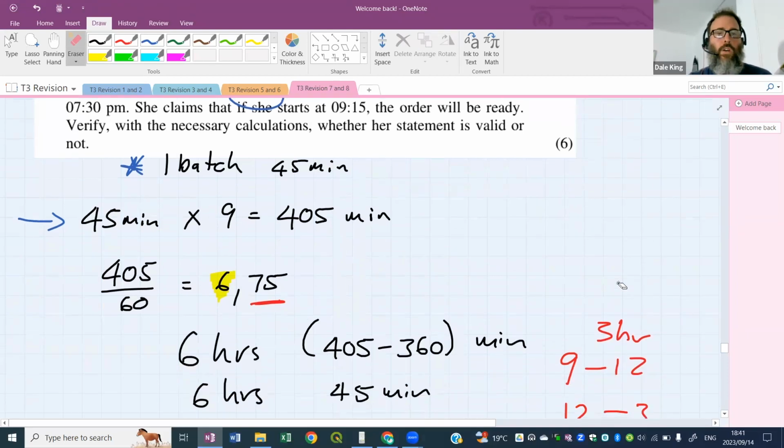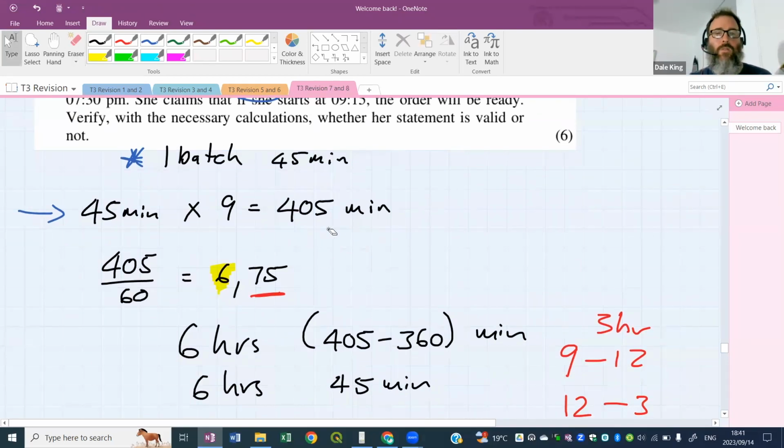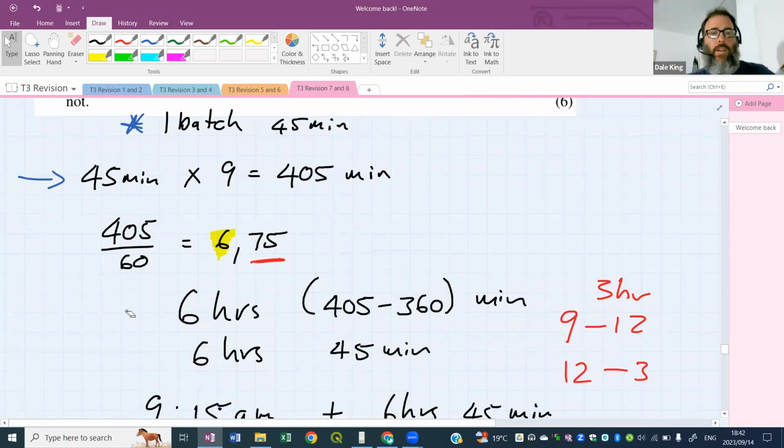Now we want to know how many hours are in 405 minutes, because we're starting at 9:15 and we need to check if we'll get to 7:30. So we've got to add hours and minutes on. We worked out how many hours is 405 minutes by dividing by 60, because that cuts the minutes up into 60-minute pieces, which is 1 hour.